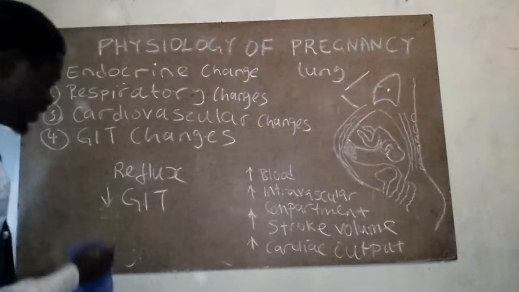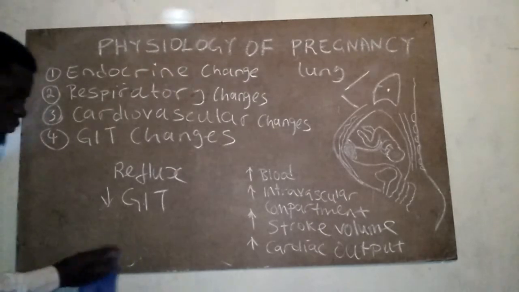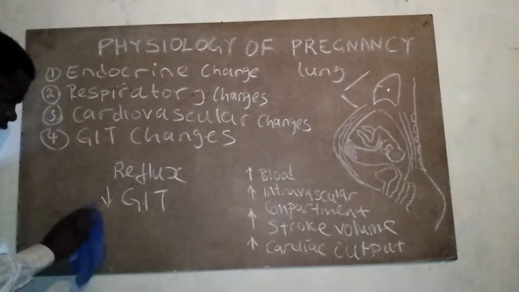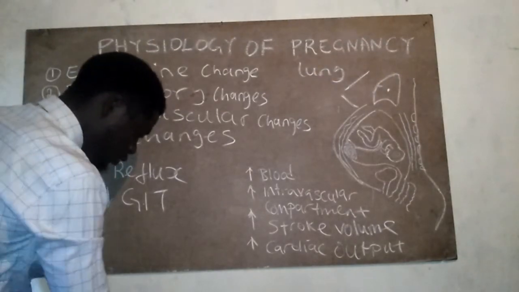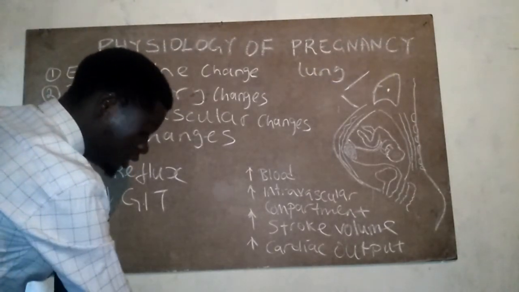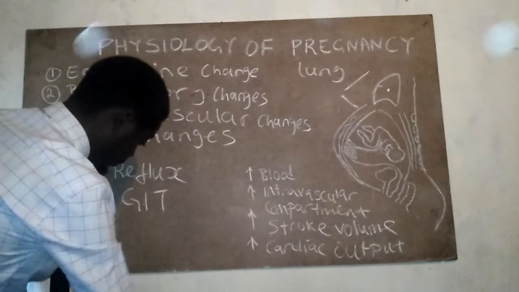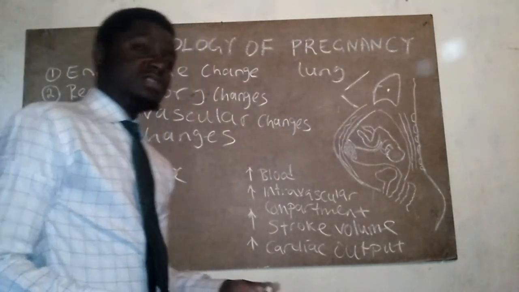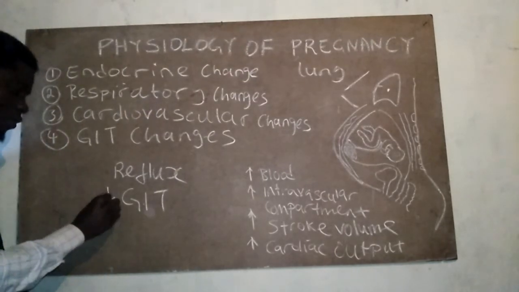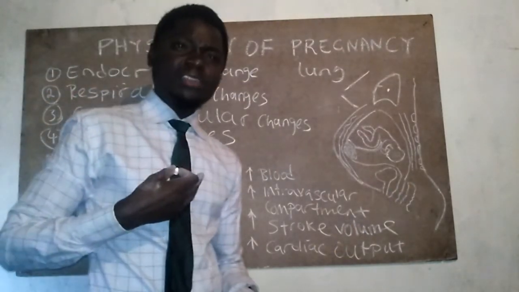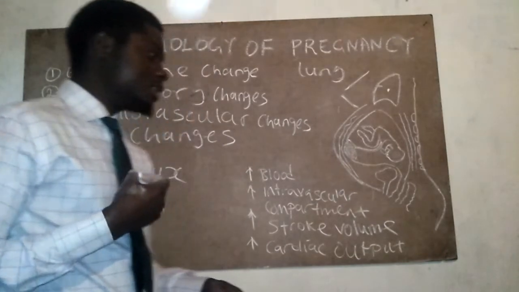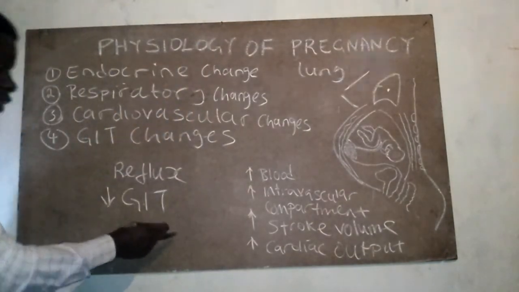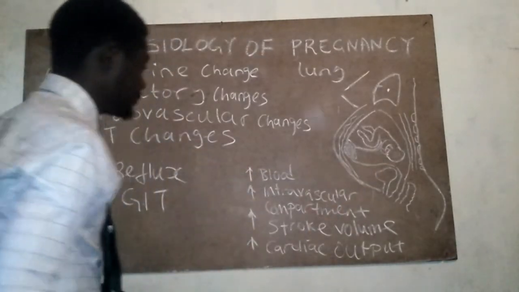And when the GIT is reduced in motility, the food flowing into the stomach will also go backwards. There's going to be the reflux. So that means we are going to have heartburn, as a result of the growing fetus.